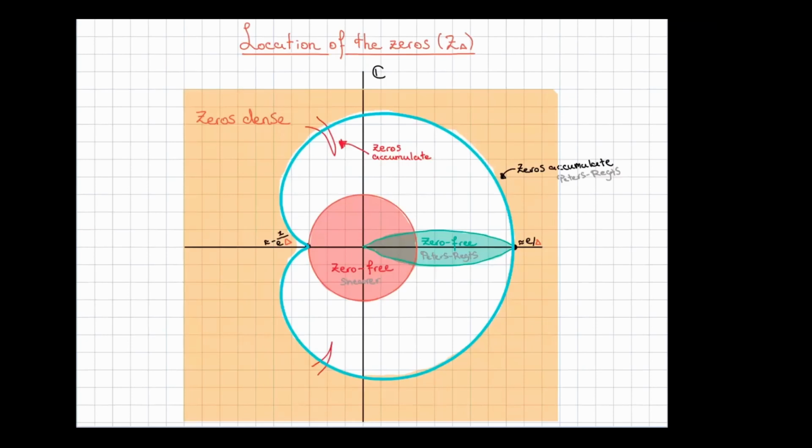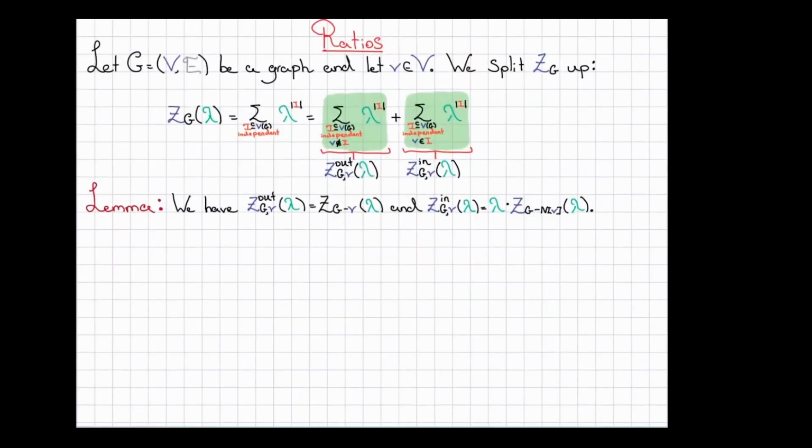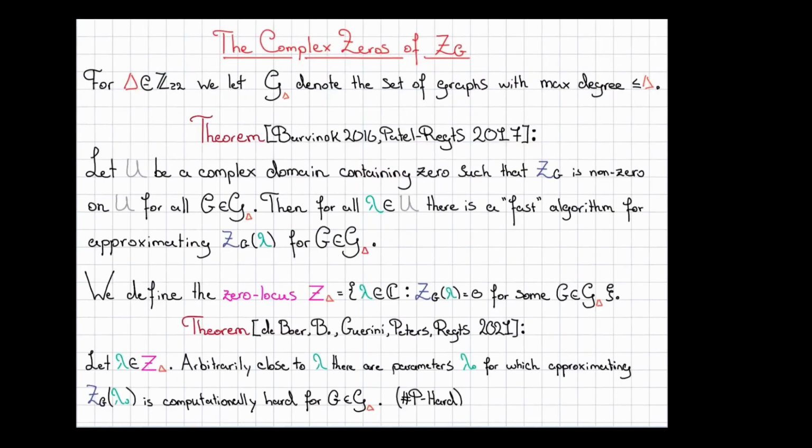And actually, that's a very interesting question, because if you go back to the beginning, to our motivation, I need to flip. Yes, here is our motivation. This says that there is a fast approximation algorithm on the component of the zero free region containing zero, and we show that it's hard to approximate on the activity locus or on the zero locus.